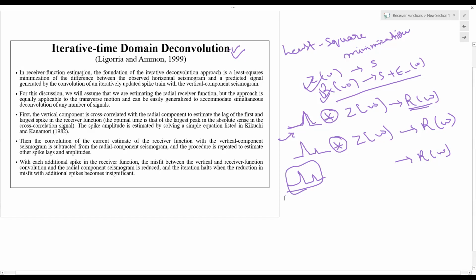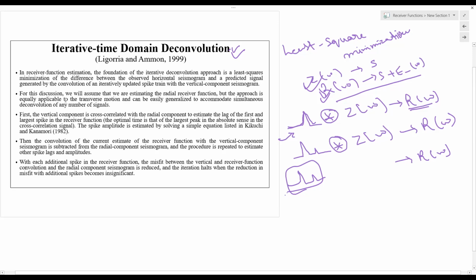So in receiver function estimation, the foundation of the iterative deconvolution approach is the least squares minimization of the difference between the observed horizontal seismogram, horizontal means radial component, and a predicted signal generated by the convolution of an iteratively updated spike train with the vertical component seismogram.